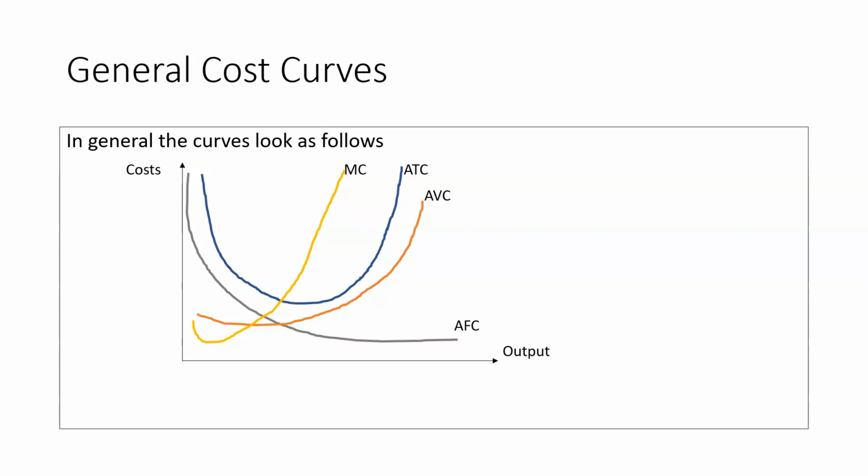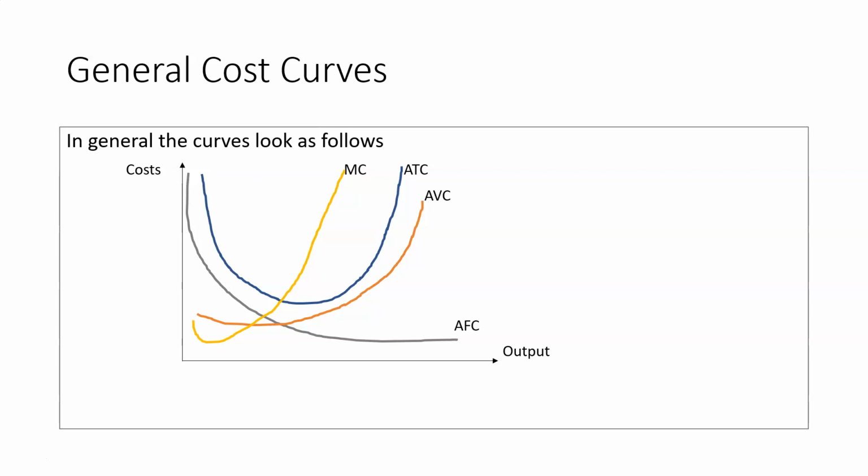These are all short run curves. How do you know these are short run curves? Well, right here, you've got a fixed cost. So this average total cost has to be a short run average total cost because it's taking into account this average fixed cost. As we go forward over the next couple of lectures, when we start looking at market structures, being able to look at graphs and interpret what they're telling you becomes incredibly important.